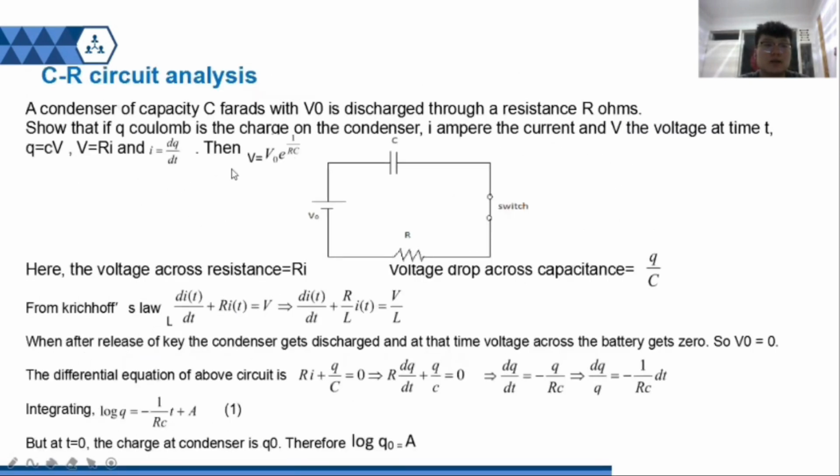Next, for the CR circuit, there are also some basic laws for resistance and capacitance. From Kirchhoff's law, we can get this formula. When V0 equals 0, the differential equation of the above circuit is like this. Then by integrating, we get equation 1, and at t equals 0, A equals log Q at 0.